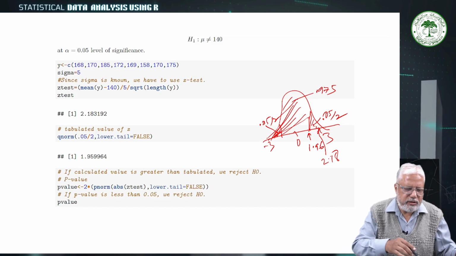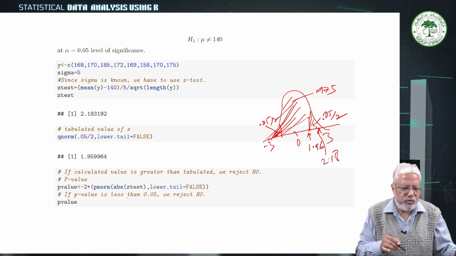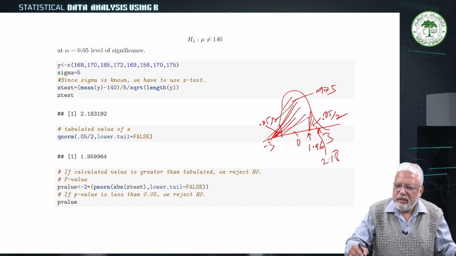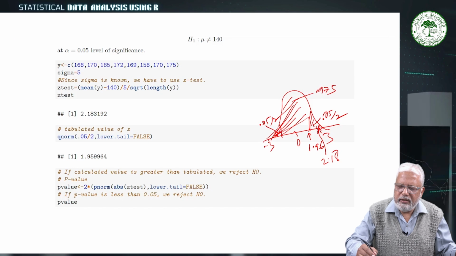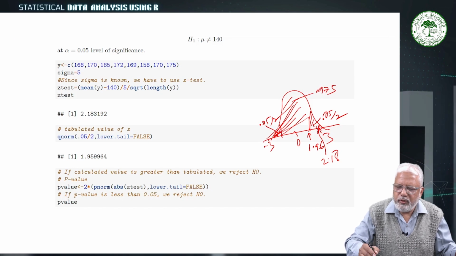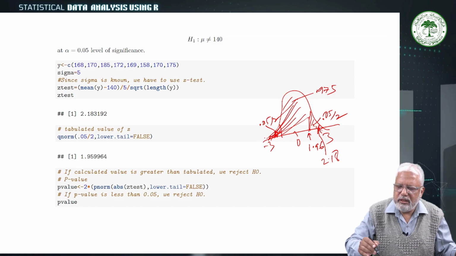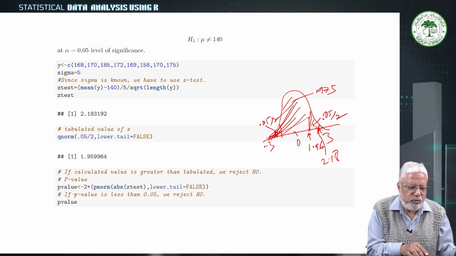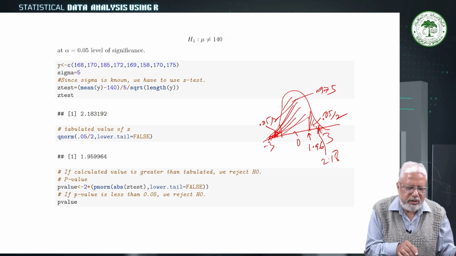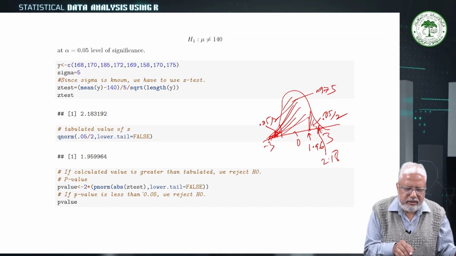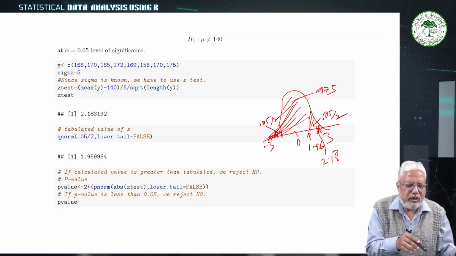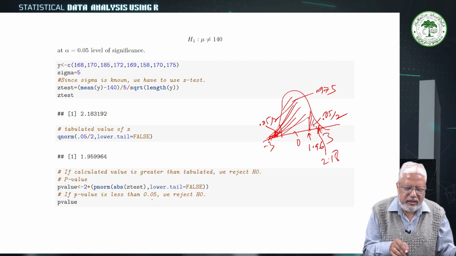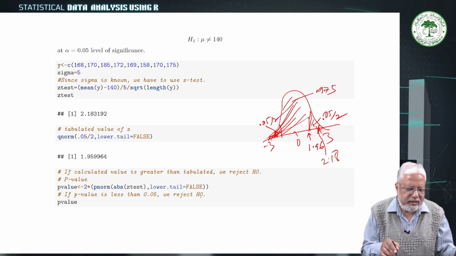That is known as the p-value. The p-value is twice this area, because this area and the area beyond minus 2.18 jointly equal the p-value. So we compute p-value equal to twice into pnorm of the absolute value of z test, the calculated value of z, lower.tail equal to FALSE. If the p-value is less than 0.05, we reject H naught.